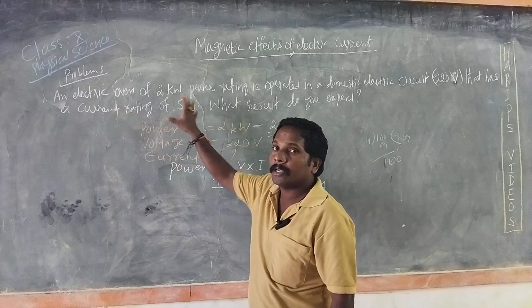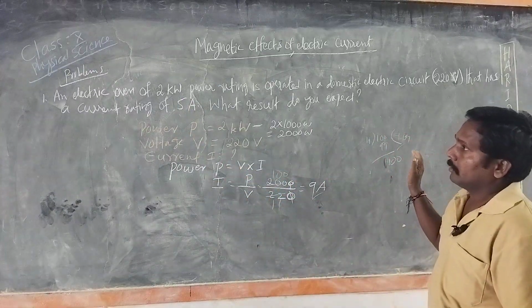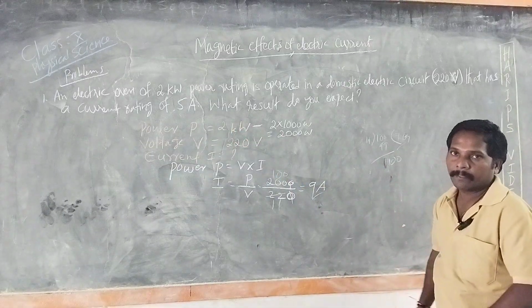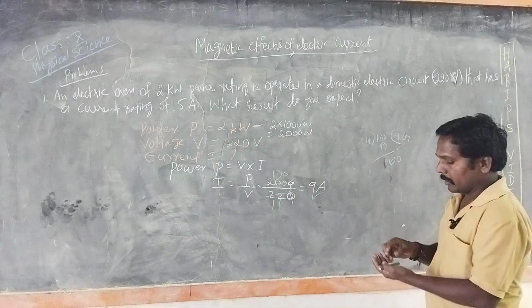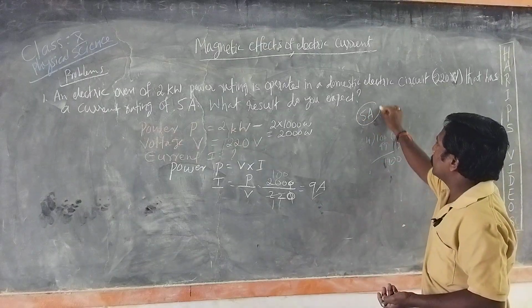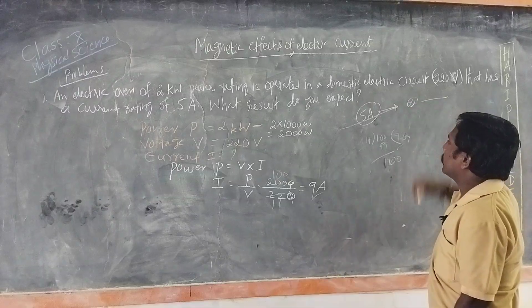But this electric oven is given in a circuit with a current rating of 5 ampere fuse wire. We know that a 5 ampere fuse wire is meant to protect electrical appliances from damage.